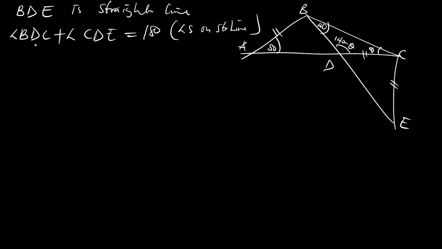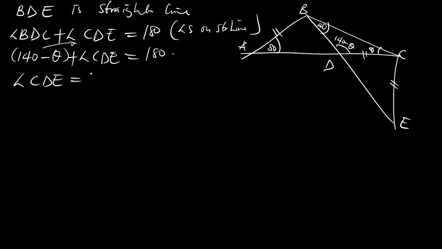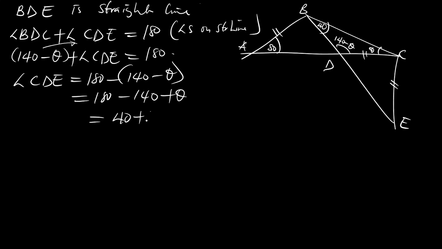So we have BDC to be 140 minus theta plus angle CDE equal to 180. Moving this to the other side, angle CDE equals 180 minus (140 minus theta). Opening up this bracket, you have 180 minus 140 plus theta. So this will give you 40 plus theta. So angle CDE is equal to 40 plus theta.